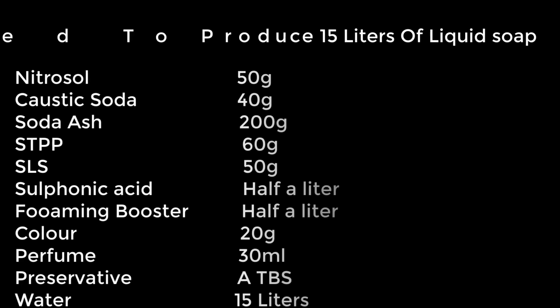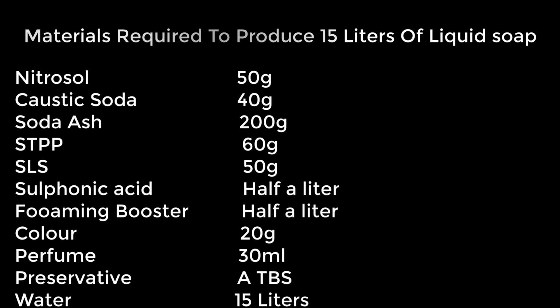Now, ratio is used to compare quantities. Take for example, in the production of 15 liters of liquid soap, you will require the following items. You can see them on your screen now. Let's pay attention to the quantities of materials.